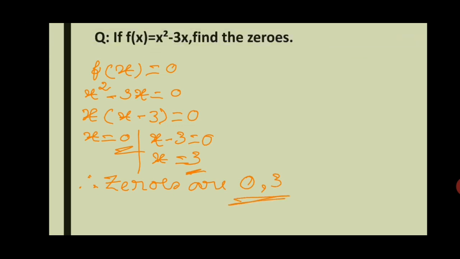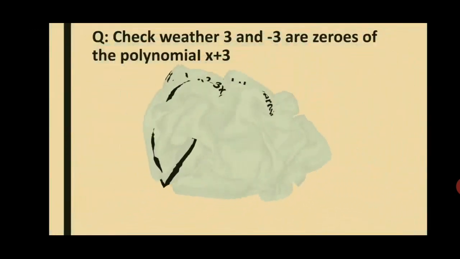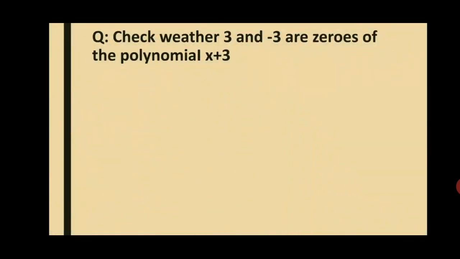Now let us go to the next problem. Check whether 3 and minus 3 are zeros of the polynomial x plus 3. Since x plus 3 is a linear polynomial, it should have only one zero. Therefore, either 3 or minus 3 may be a zero.